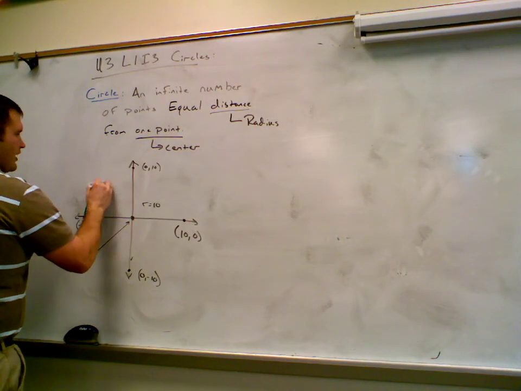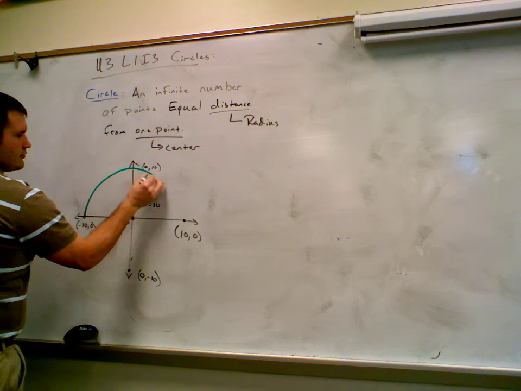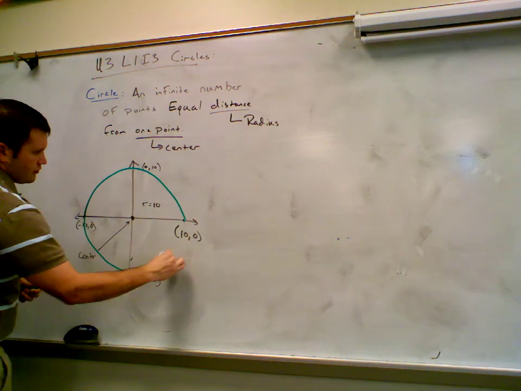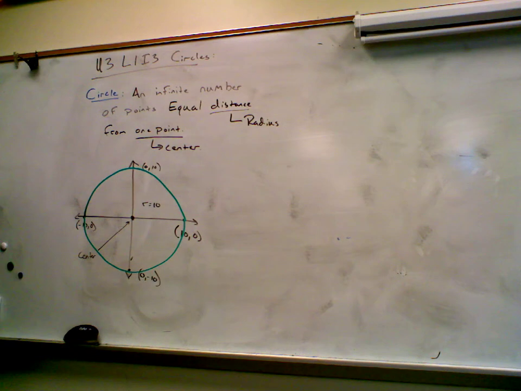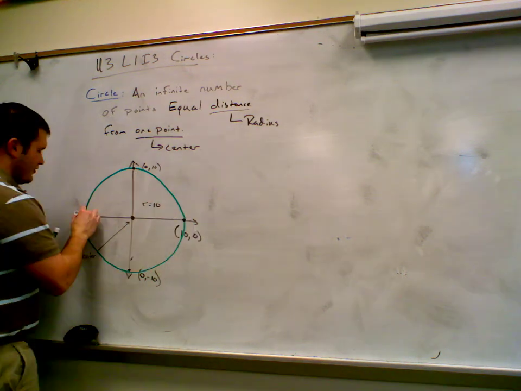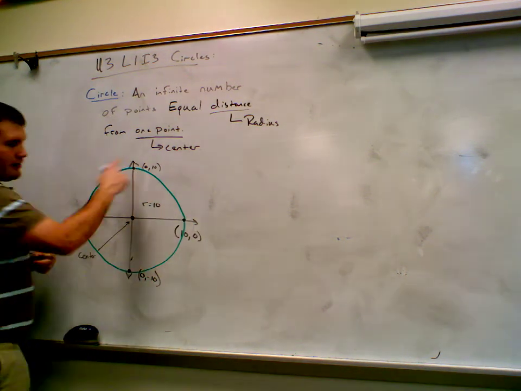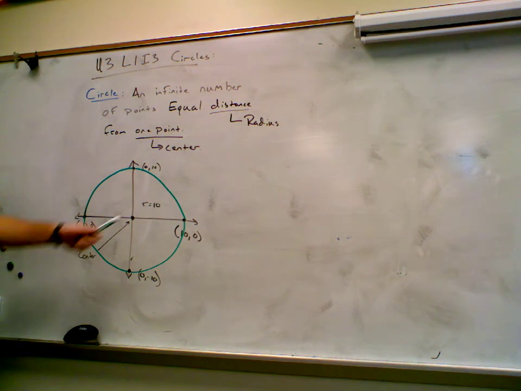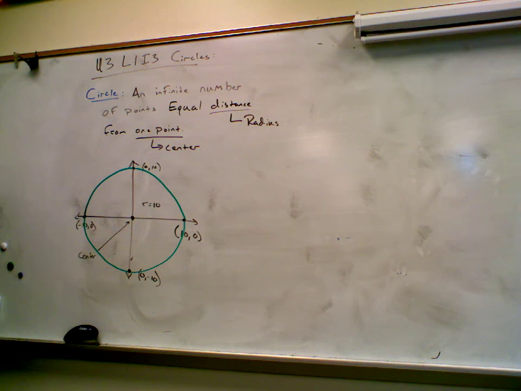Okay. So now this green line, not a terrible circle. Not my best. Kind of lopsided over here. That green line represents all the points that are how far from the center? 10.